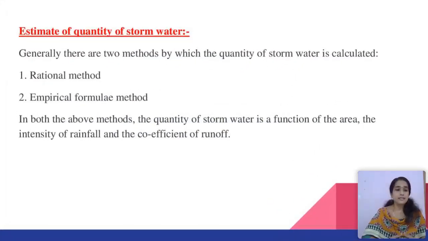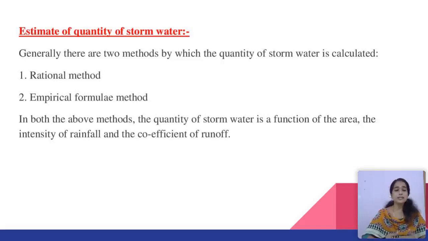We are going to discuss the estimate of the quantity of stormwater. There are two methods for estimating the quantity of stormwater. For designing a sanitary system or sewerage system, we have to quantify the wastewater, that is the stormwater and the sanitary water.